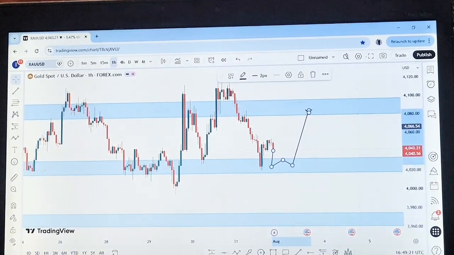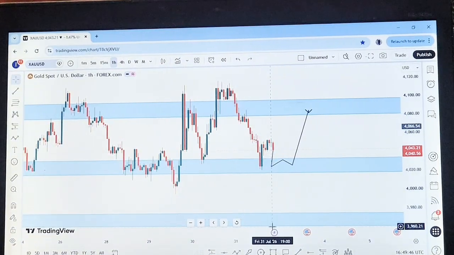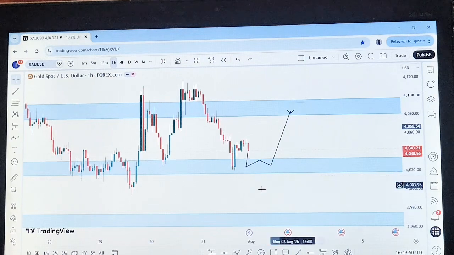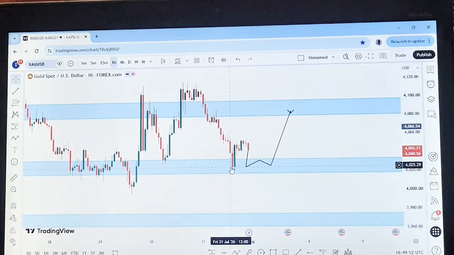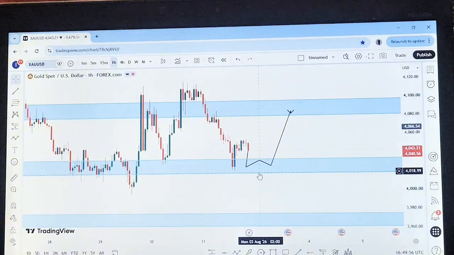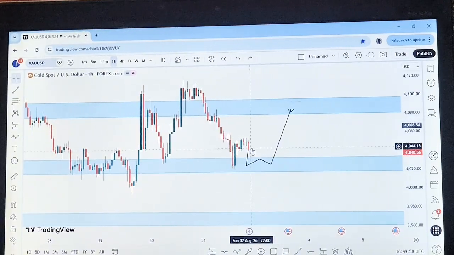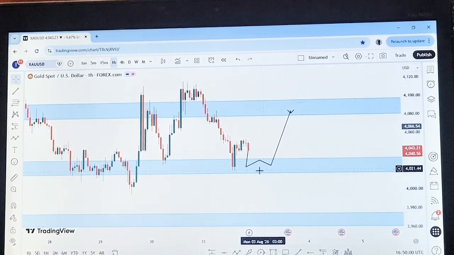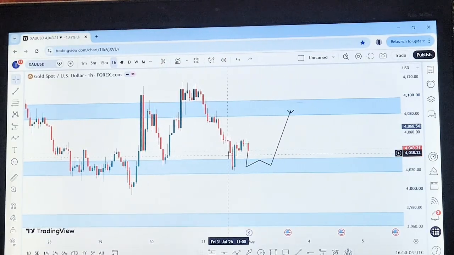If the market gives a triple bottom or a double bottom, then we'll still expect a massive push to the upside. So these are the three things that could happen on this level. Right here, the market tapped on this zone and retested this level.